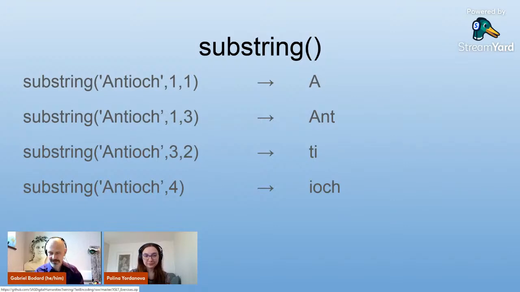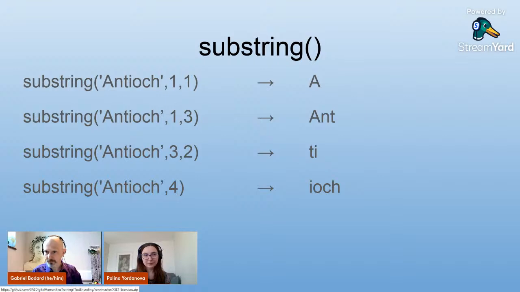Does Artemisia contain T? The answer is yes. It doesn't start with, doesn't end with, but yes, it contains. And that's a lot simpler than matches, which involves regular expressions.